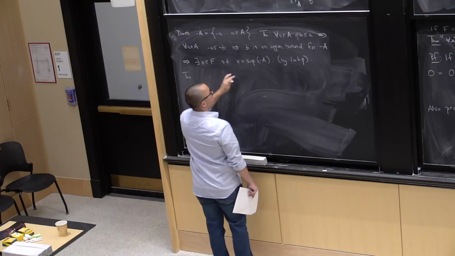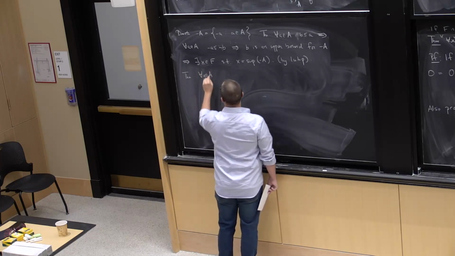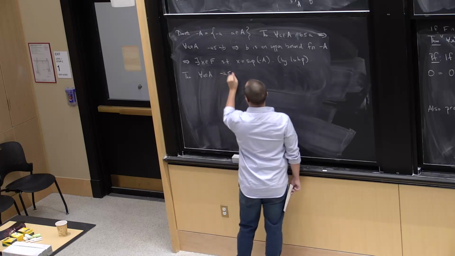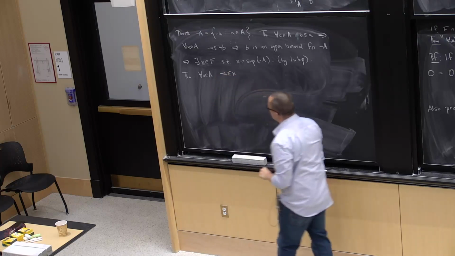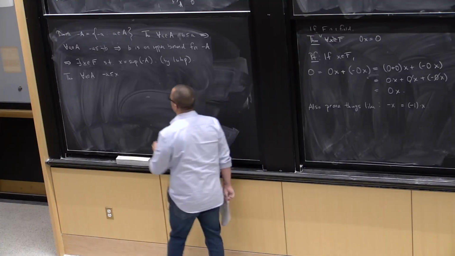The fact that X is the supremum of minus A implies that for all a in capital A, minus a is less than or equal to X, because X is the least upper bound, so in fact an upper bound.